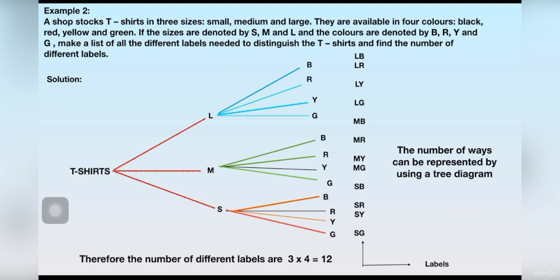And therefore the number of different labels is 3 times 4, which is 12.